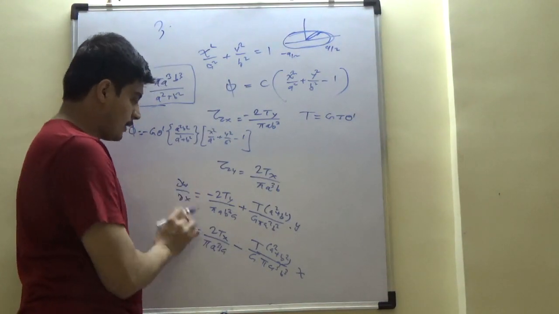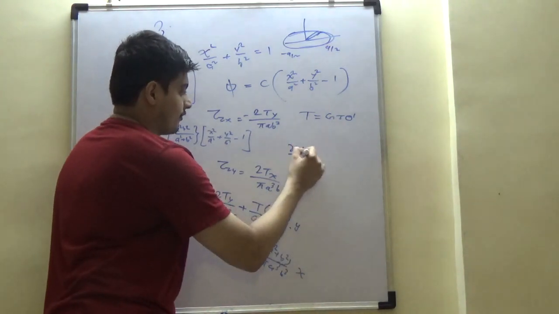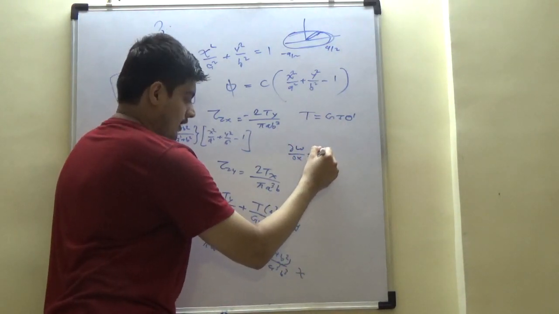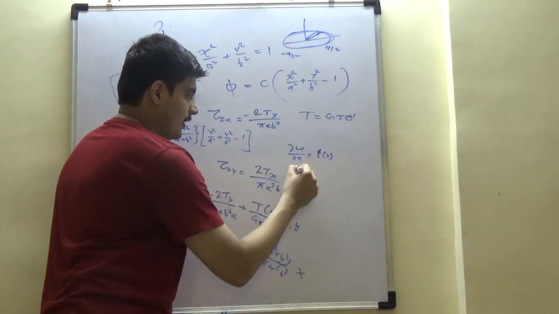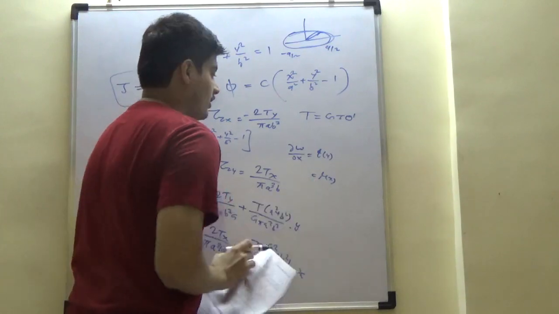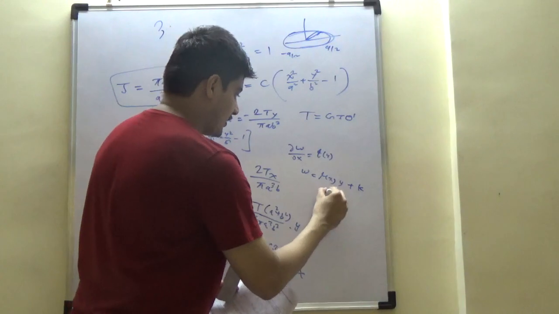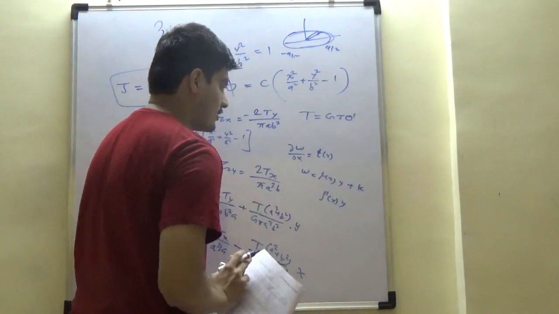So I know variation of w as a function of x and y. Del w by del x is some function of y, and del w by del y is function of x. So w is f of x y plus constant, and if I differentiate this, f dash x y is equal to y.